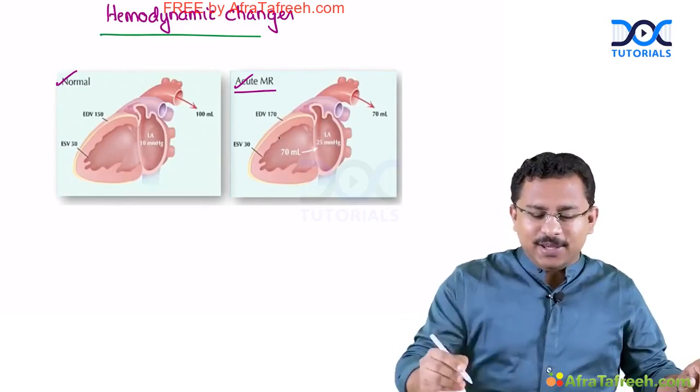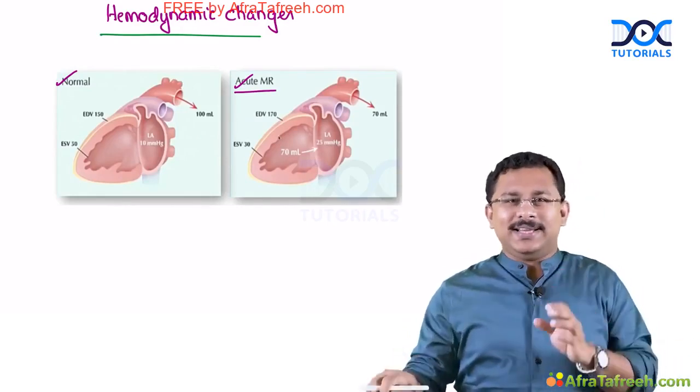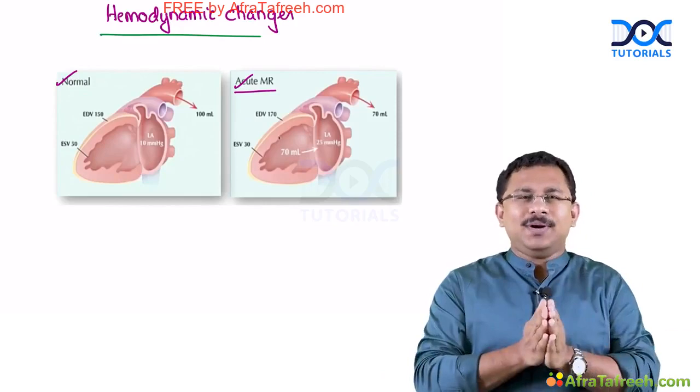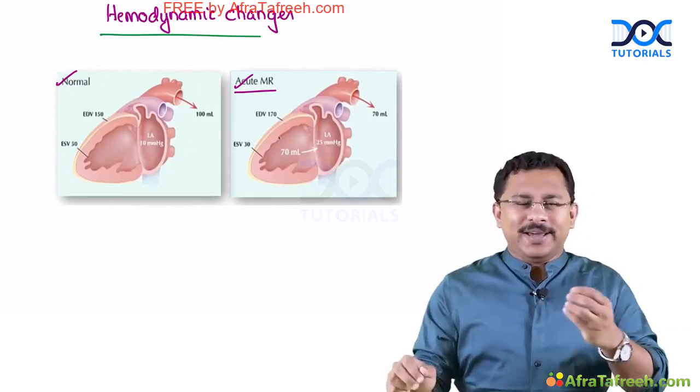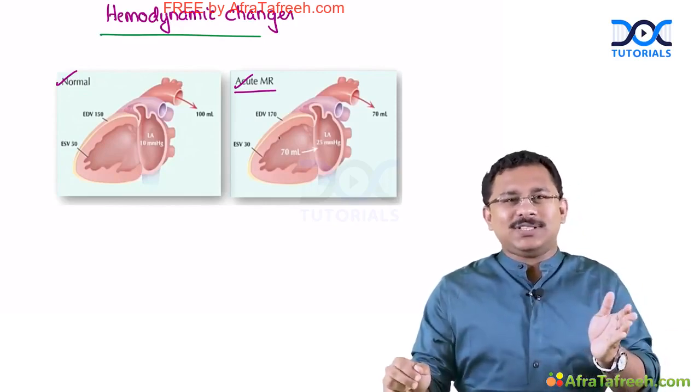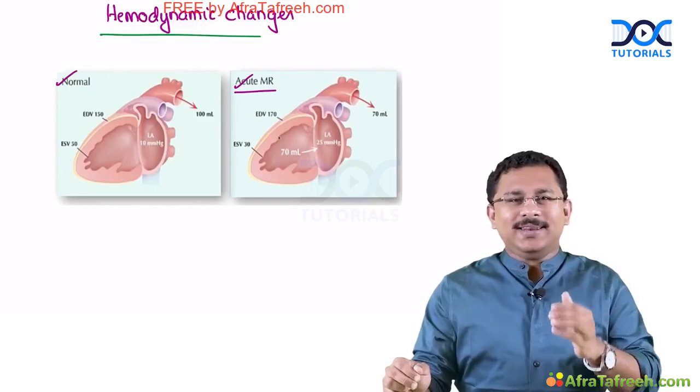See, in case of an acute mitral regurgitation, take for example, the patient had an infective endocarditis and there was a rupture of the chordae tendineae.